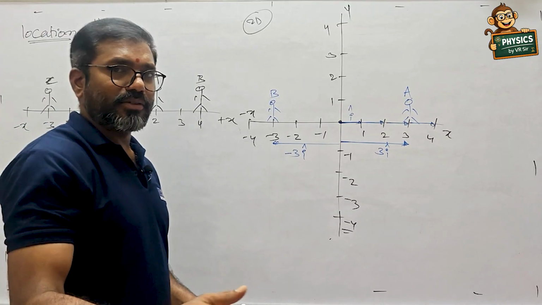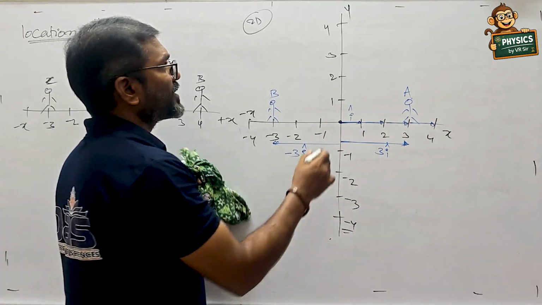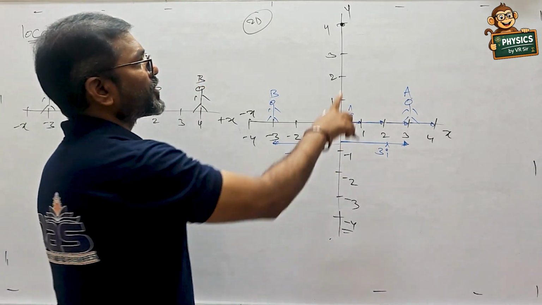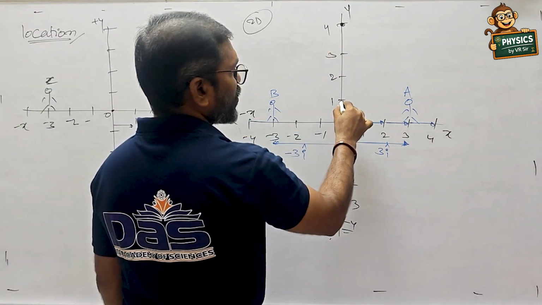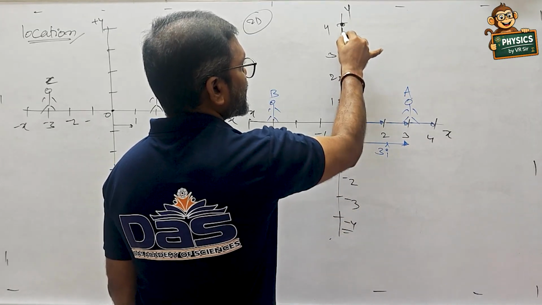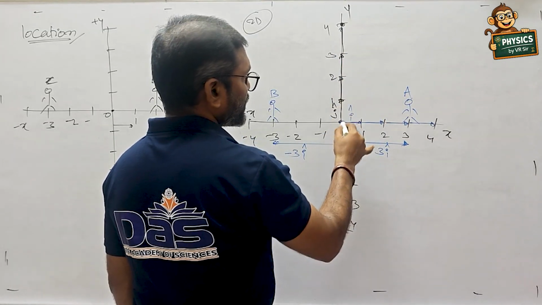With this information, what can we call this position? Any guess? Now I am calling the unit distance along this direction j cap.